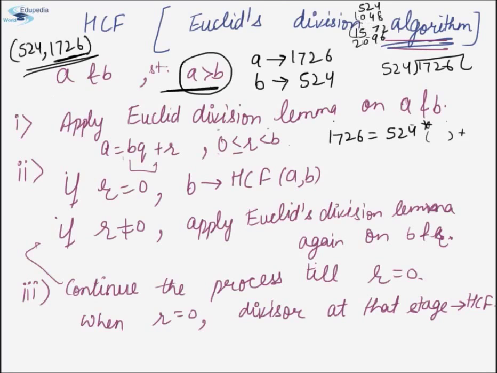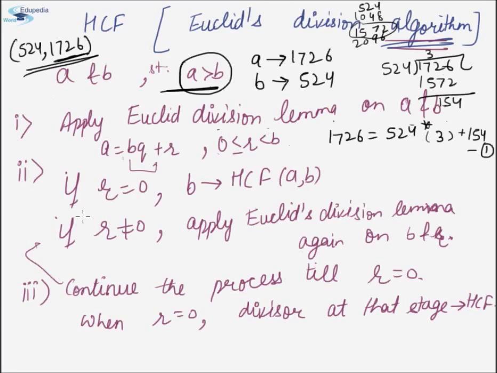So the third multiple is the closest to this 1726 value, and the remainder will be 154. Thus we get the equation as 1726 = 524 × 3 + 154, let this be equation 1 on applying Euclid division lemma.